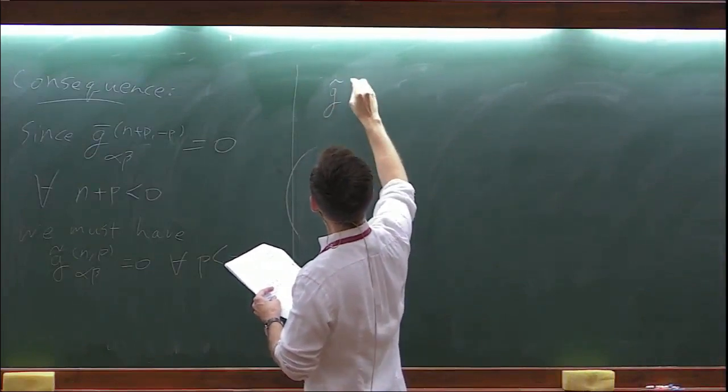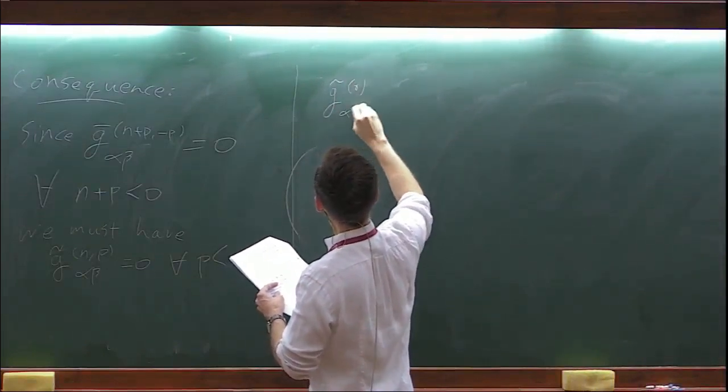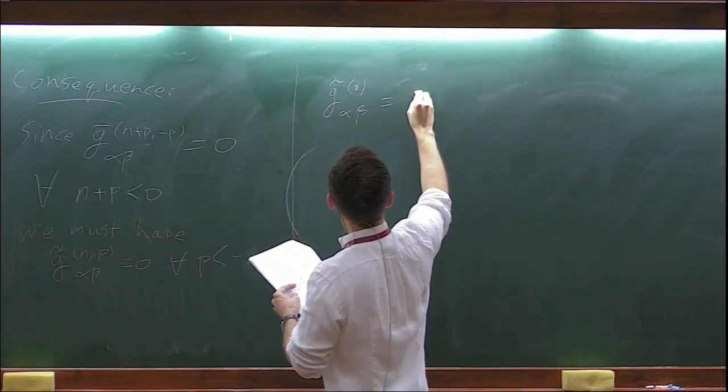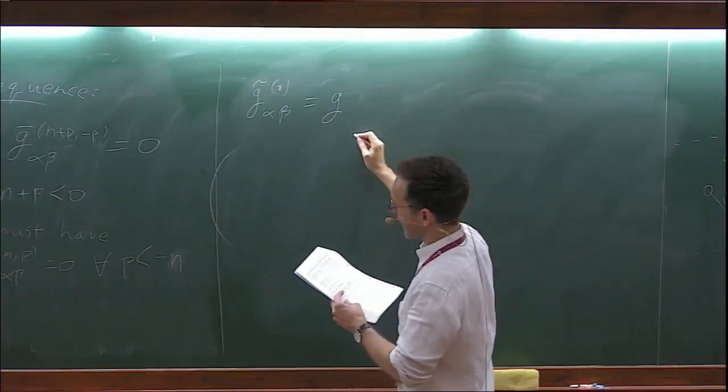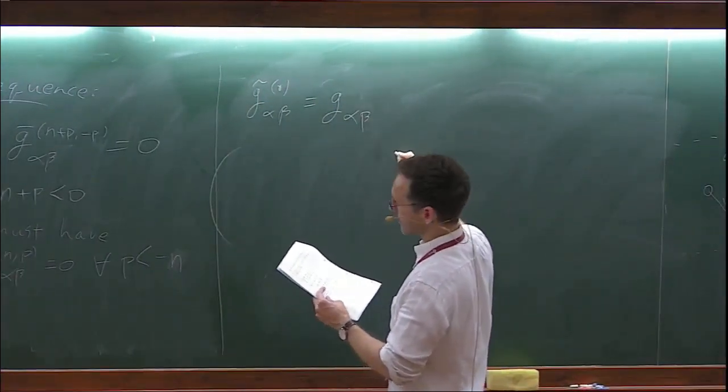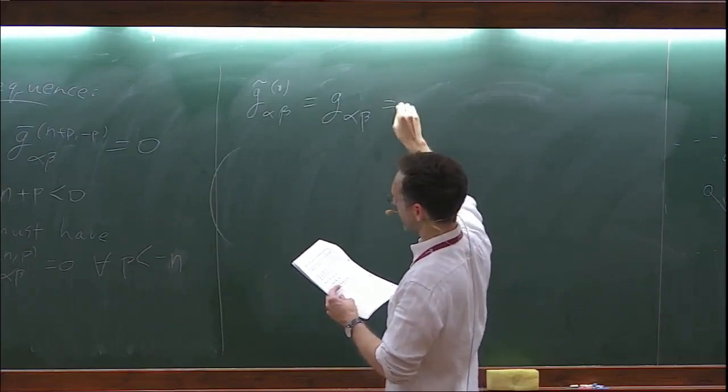So g tilde 0 alpha beta is the zeroth order term in the outer expansion, and that's just the background spacetime.